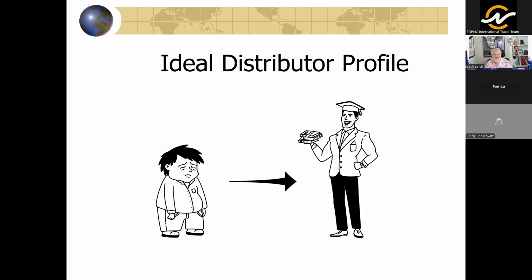Now, that doesn't mean, obviously, we've gotten to the point where we want to work with him. We have passed by and we've said, you know, this isn't critical. You're the best partner I can find. You might not have this or this or this component of what I see would be the ideal distributor profile, but you're still a very good partner and you have a lot going for you.